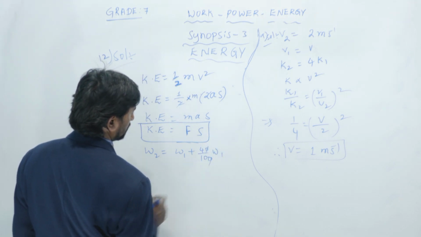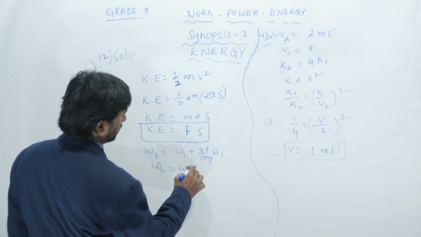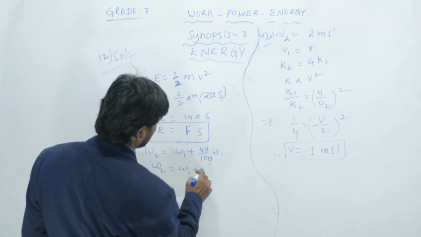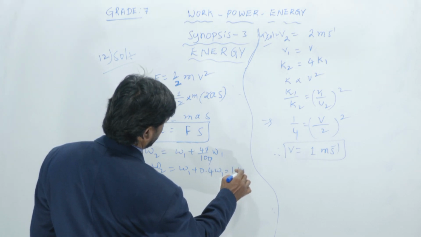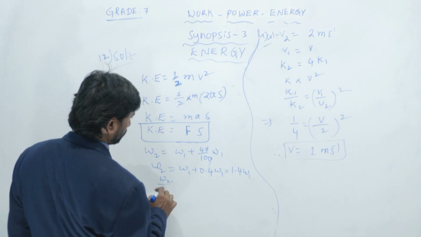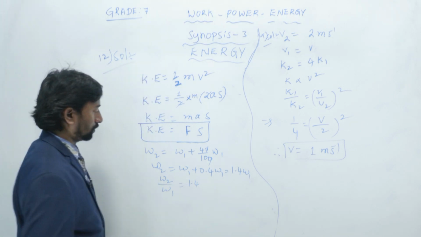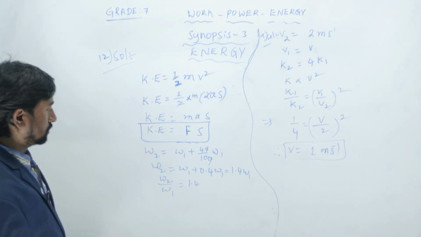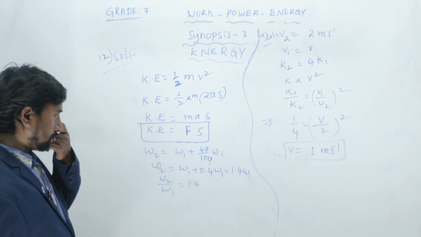So now we can write W2 is equal to W1 plus 0.4 W1. So that means 1.4 W1 we can write here. So W2 by W1 is 1.4. So the weight of the person is 1.4 times of this one.